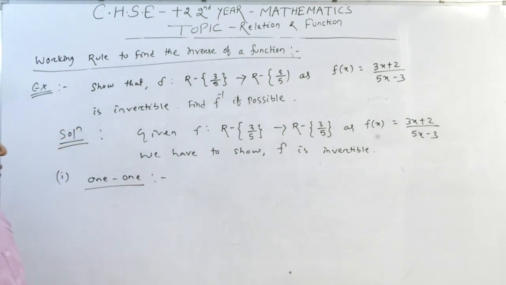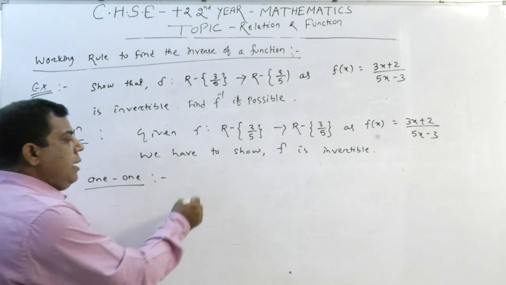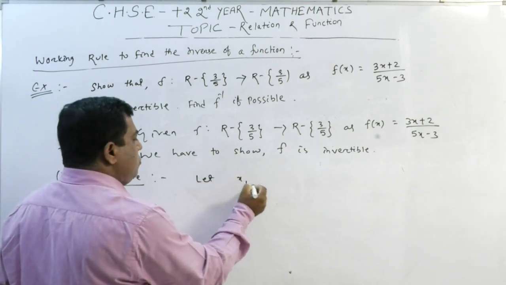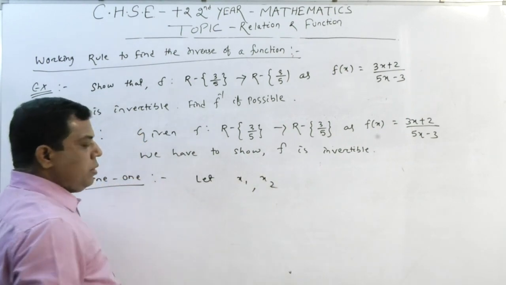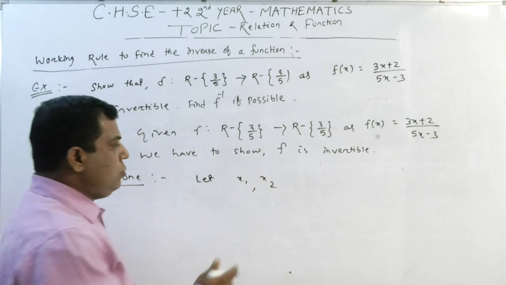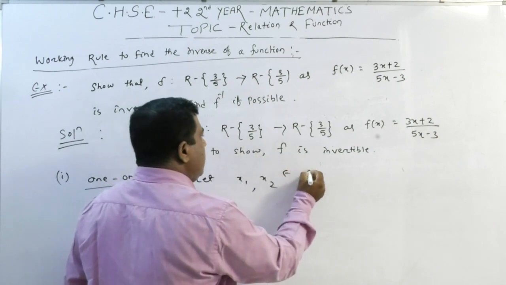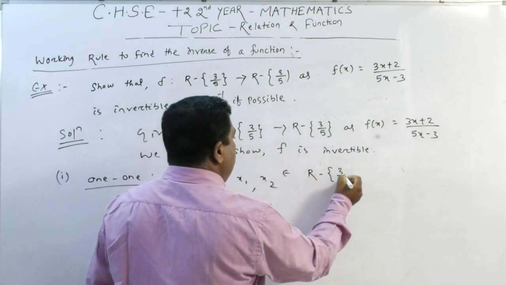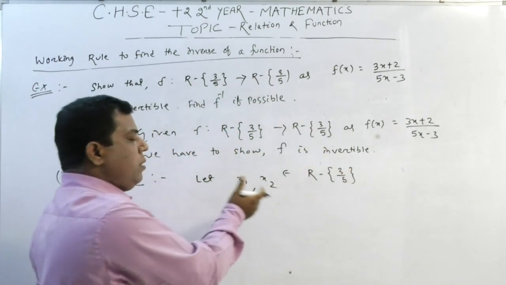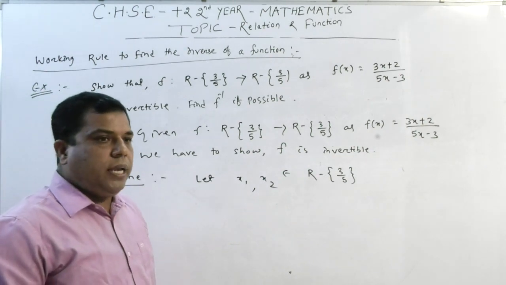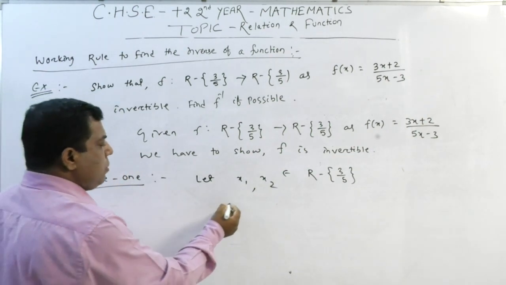So we take the one-one condition. For it we take the elements. Let x1 and x2 be two different elements belonging to the domain set R minus 3/5, as we know for checking the one-one condition. Then find f of x1.